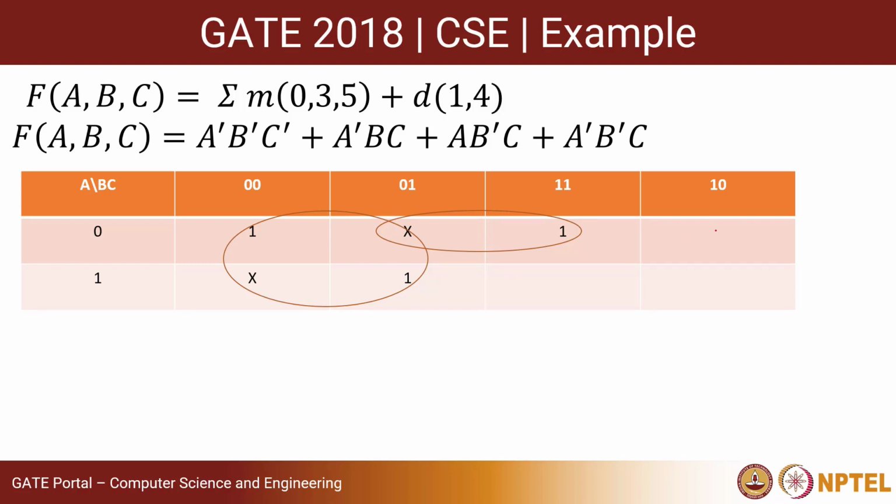But let's say if this number, let's say 2, would have been 1. Then one pair I could have formed is this. I can group this and this, which makes it one prime implicant, or I could have made this as a prime implicant.